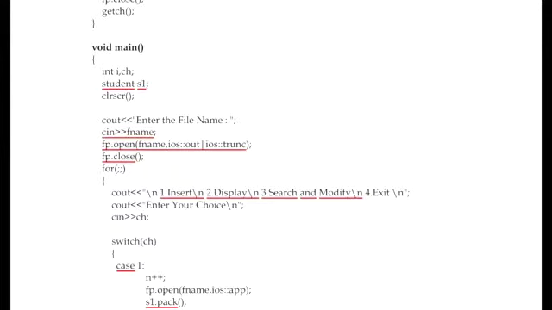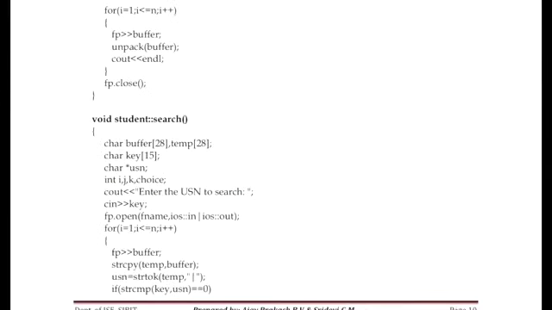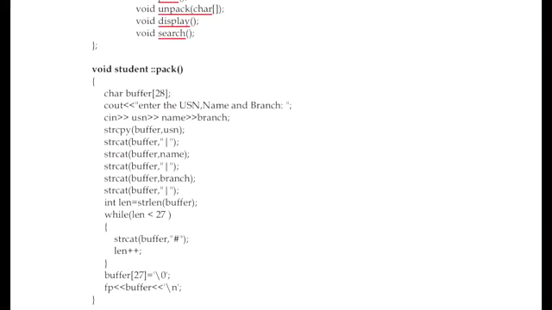If you enter the choice as 1, then it will go to the pack function. Pack function is used to read the file contents. The file content has three fields: USN, name and branch. Since it is a fixed length record, we are fixing the number of bytes as 28. Buffer is the array which is used to store the contents of the file, and the size of it is 28 bytes.